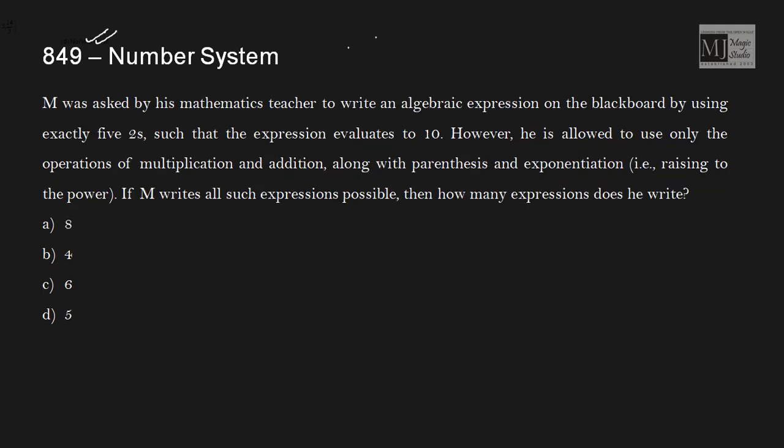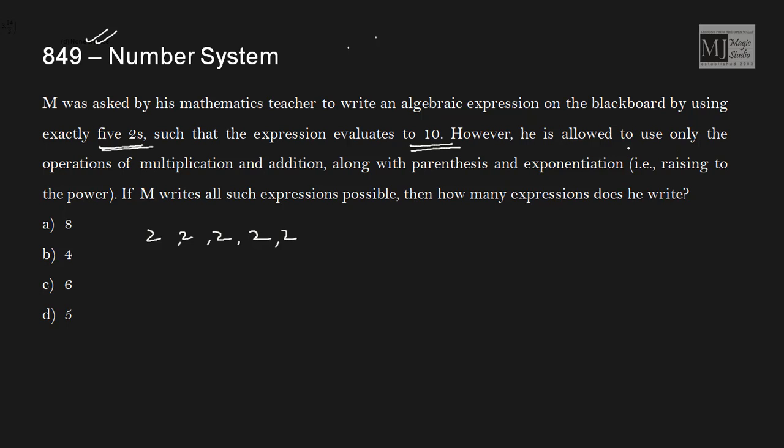One more on number system, as we have discussed earlier, at least 4 questions out of 20 questions would be from number system. So be ready with that. M was asked by his mathematics teacher to write an algebraic expression on the blackboard by using exactly 5 2's, 1, 2, 3, 4, 5, such that the expression evaluates to 10.